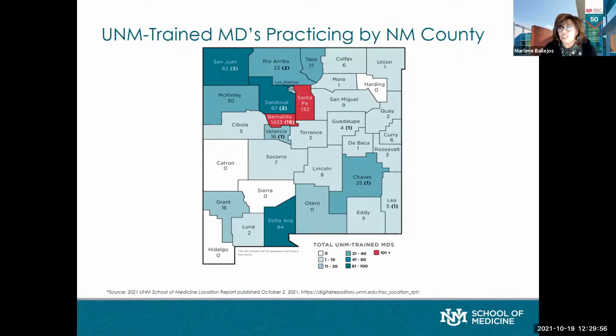It has the largest number of UNM MDs practicing anywhere in the state, with 1,425. And we know that 44% of our UNM-trained MDs practicing in New Mexico are in primary care specialties, which we consider family medicine, internal medicine, OB-GYN, and peds.